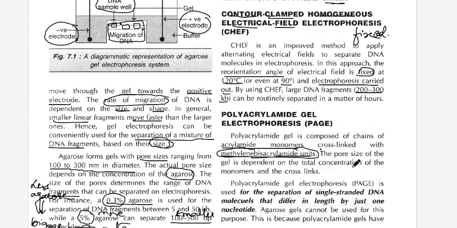The pore size is dependent on the concentration of the monomers, as it is in agarose, and the cross-linking is also dependent on the concentration of the monomer. So what is the monomer made up of? Chains of acrylamide, cross-linked with methylene bisacrylamide units.